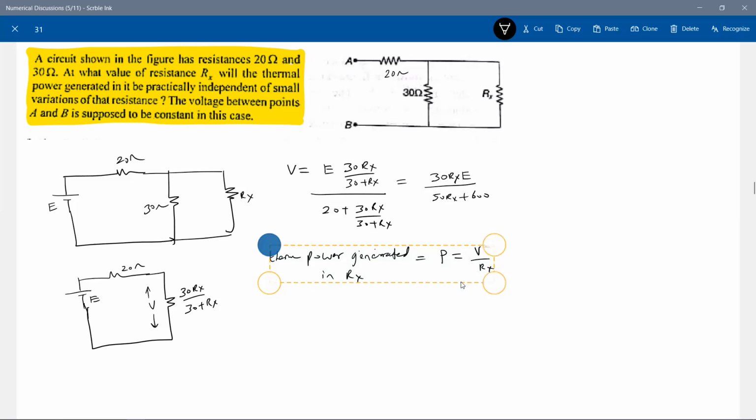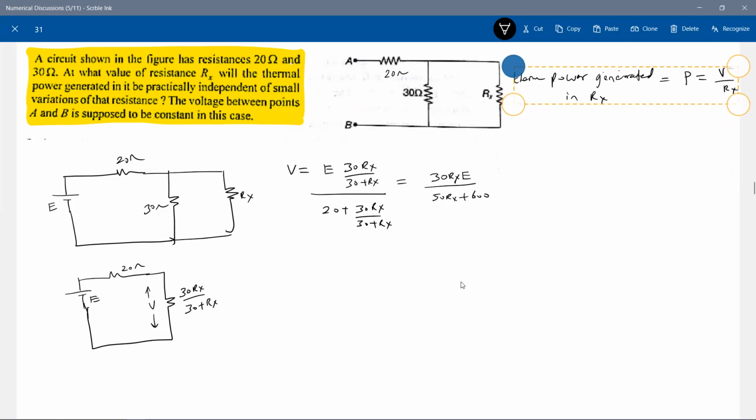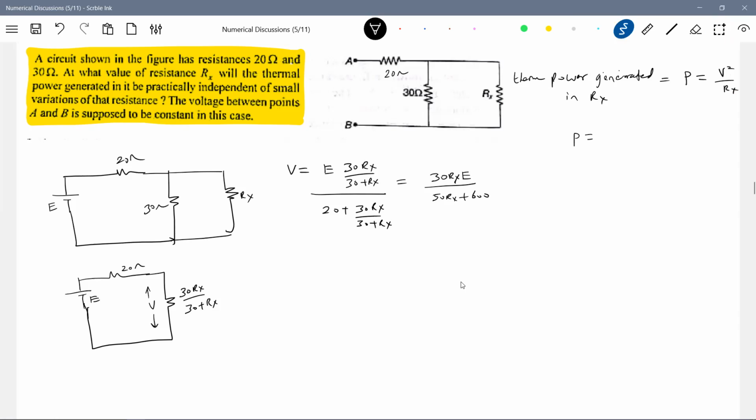That is 30 Rx by E by 50 Rx plus 600, whole square, all divided by Rx. One Rx will get eliminated. So this will become 900 Rx E square by 50 Rx plus 600. A very important problem, where Rx is some equipment.